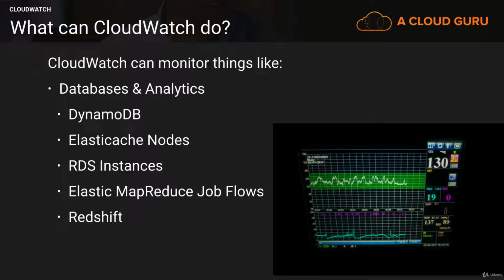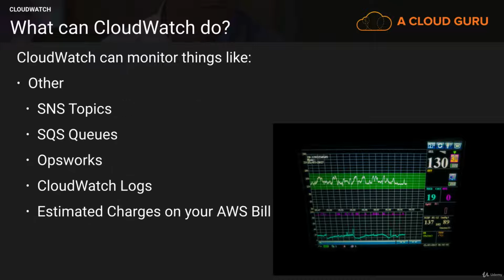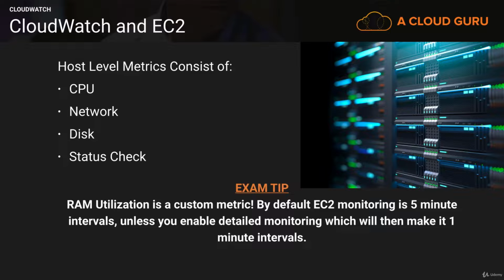So these are things like DynamoDB, your ElastiCache nodes, RDS instances, your Elastic MapReduce job flows, Redshift, etc. And it can also monitor other things such as SNS topics, SQS queues, OpsWorks, CloudWatch Logs, estimated charges on your AWS bills, etc.